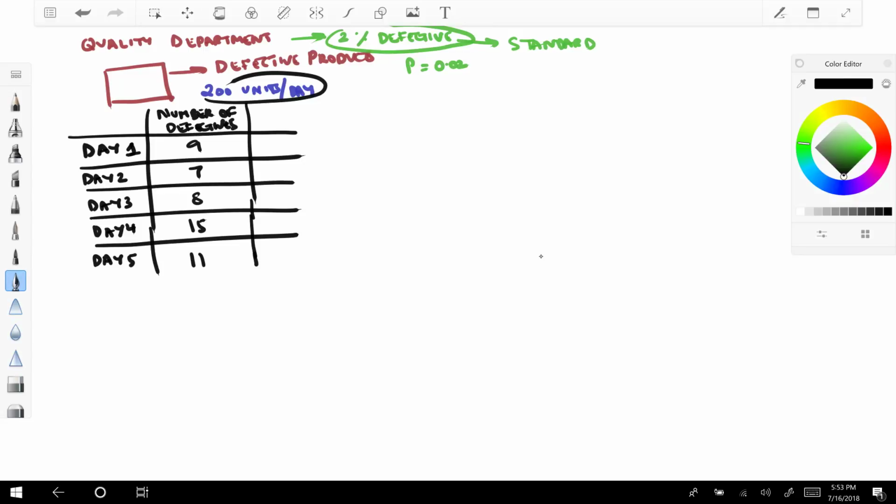Now we want to determine our upper control limit and lower control limit.